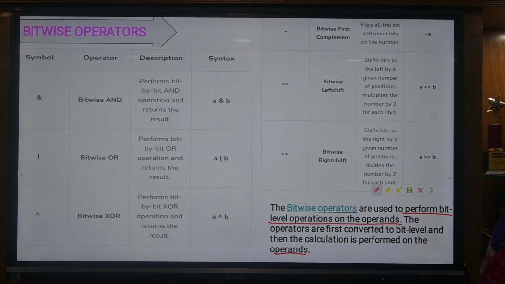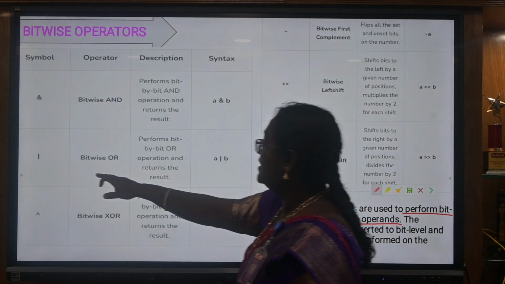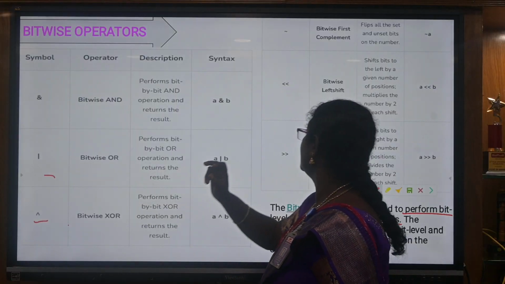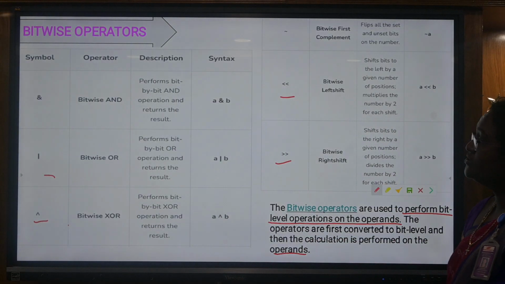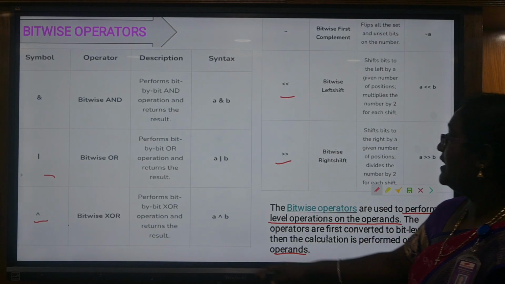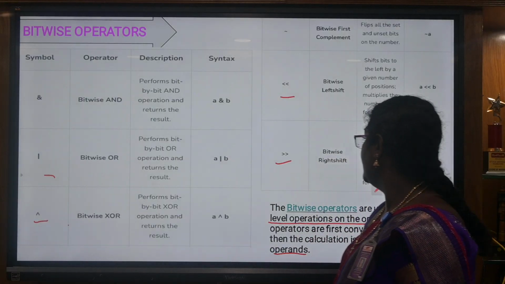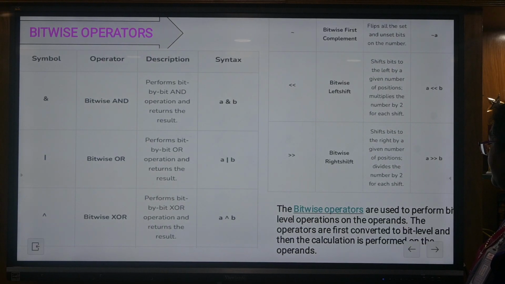The bitwise operators are bitwise AND, bitwise OR, bitwise XOR, bitwise left shift and bitwise right shift. I have given all the descriptions. You can go through them, and we'll see examples based on this.